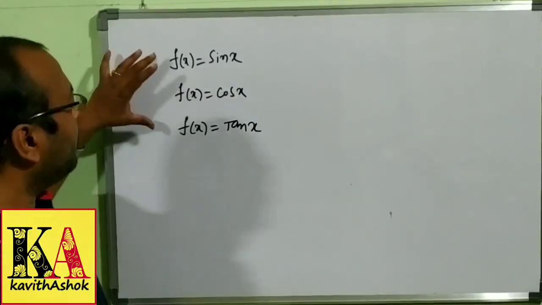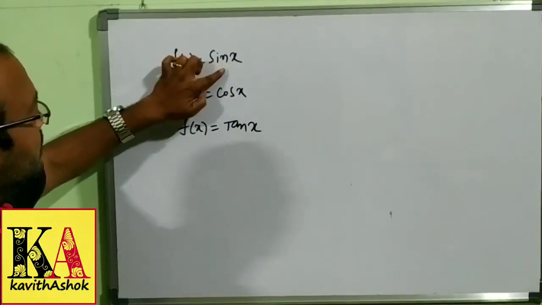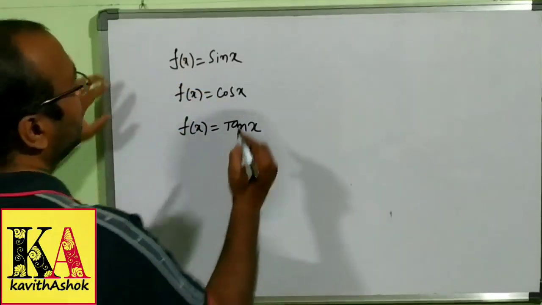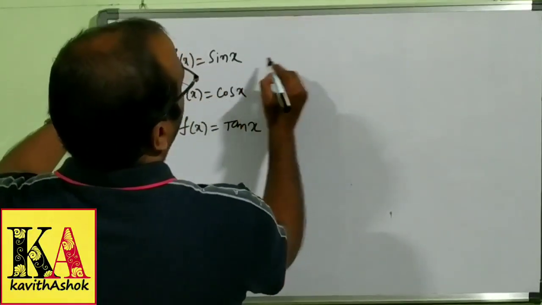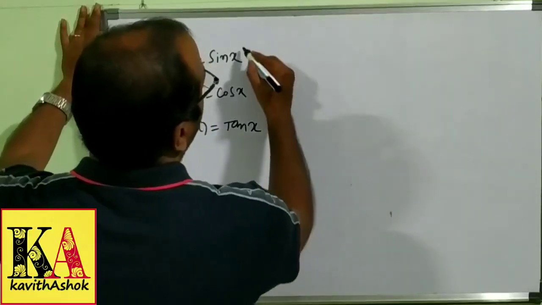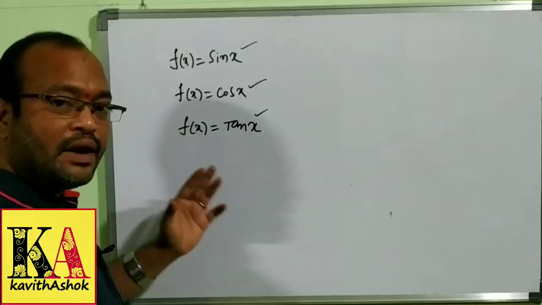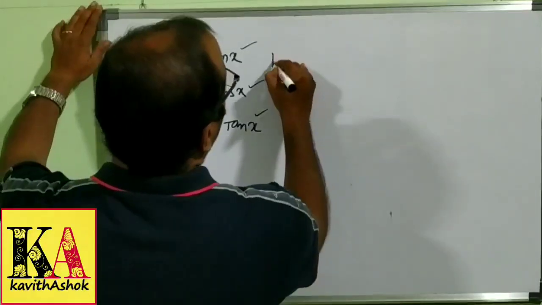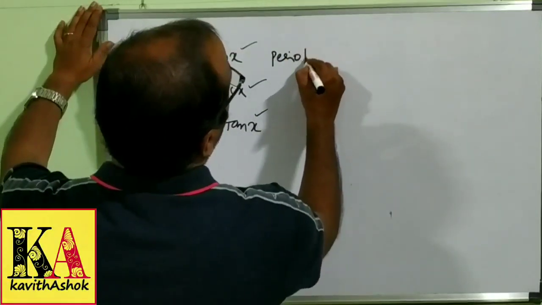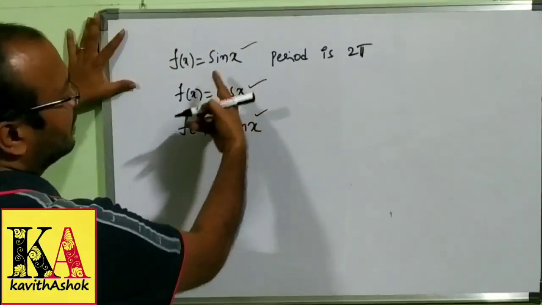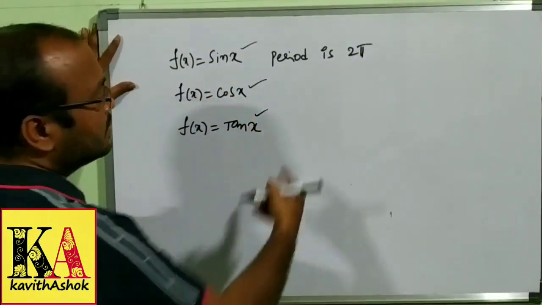Now I am taking 3 functions: f of x equal to sin x, f of x equal to cos x, and f of x equal to tan x. These 3 functions are periodic functions. The period of sin x is 2 pi.